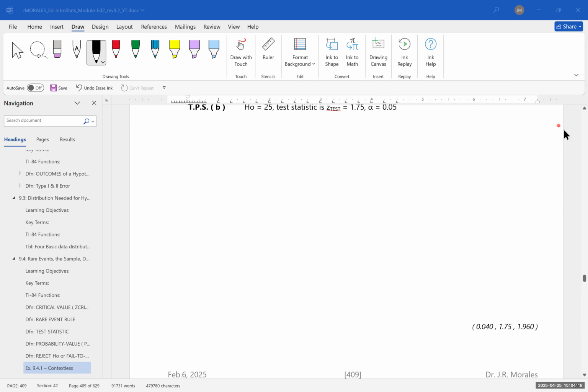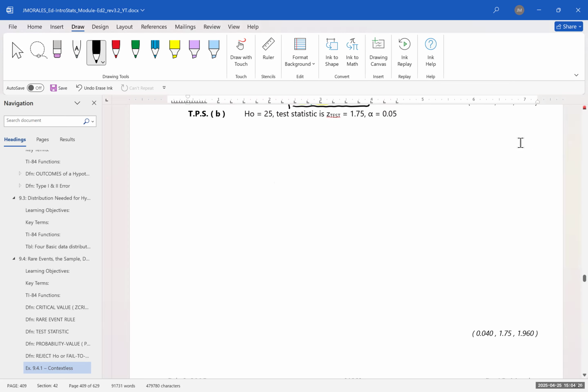But using this information now instead. Let me get that out of the way there. Okay, so if we look at what we're given, we're given that the null hypothesis is equal to 25. Now let's just riff off of that.